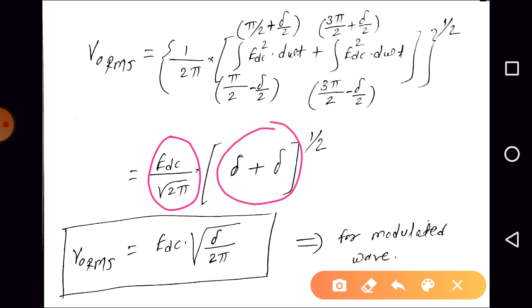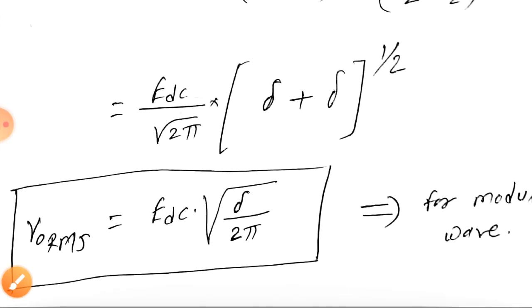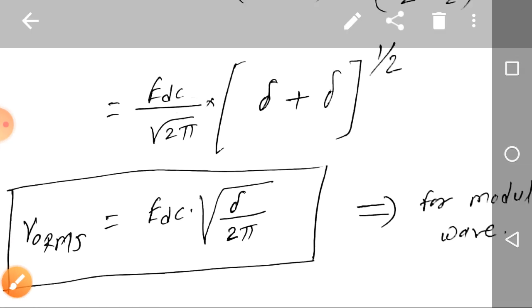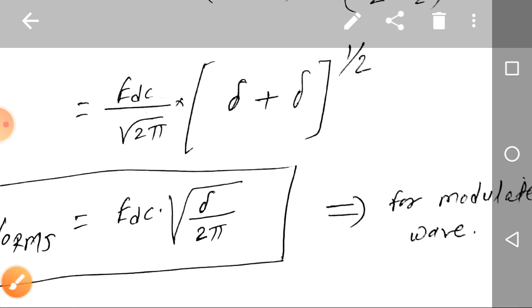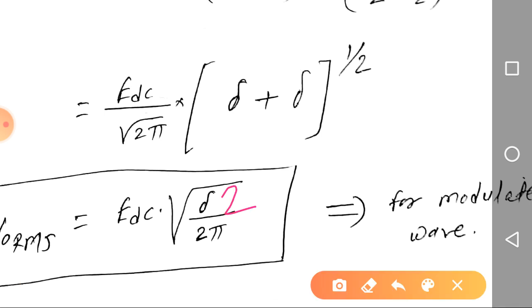So it is like EDC under root 2 delta by 2 pi. Sorry, please be careful, this should be 2 delta divided by 2 pi, right? V0 RMS is equal to EDC into under root 2 delta by 2 pi.